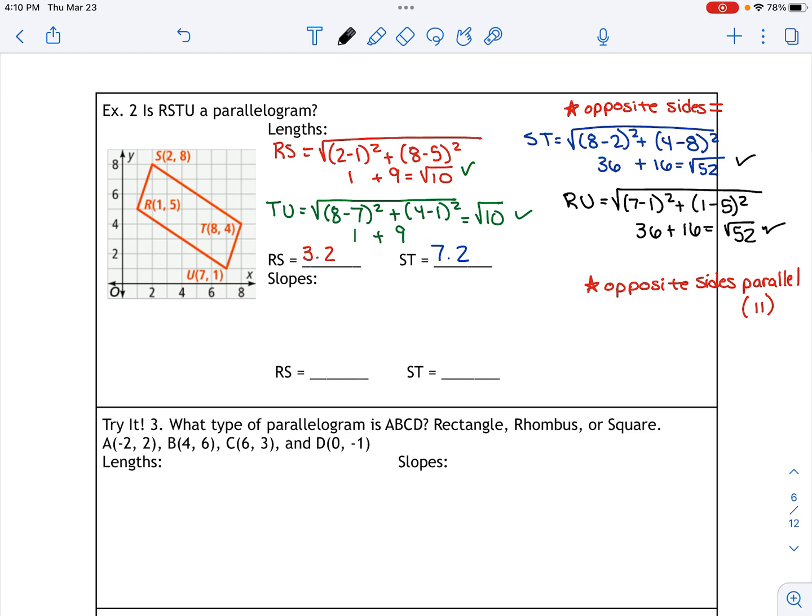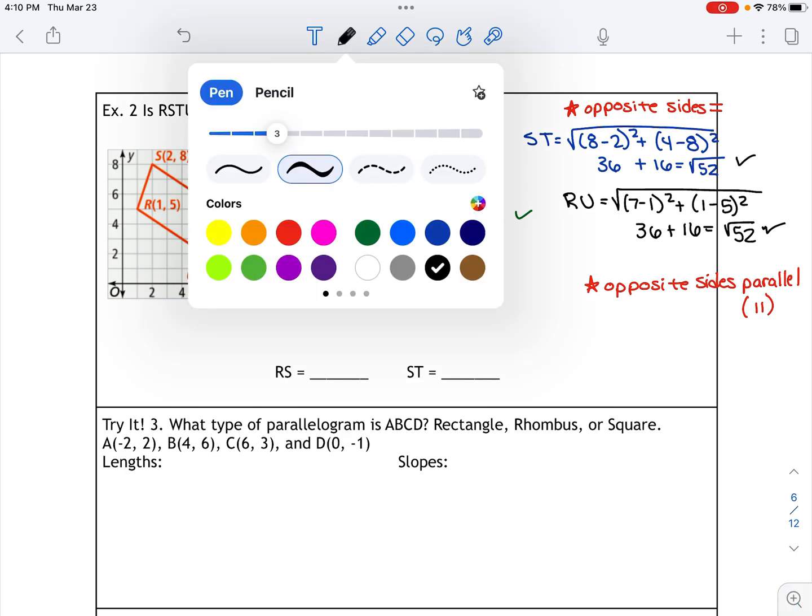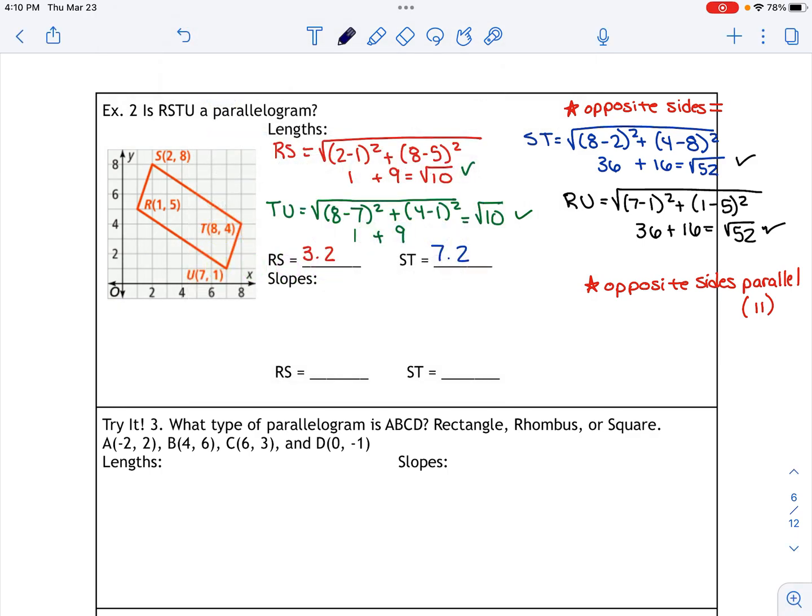Okay. Now we're going to prove that opposite sides are parallel. So we want them to have the same slope. Let's do the slope of RS. You can count on your picture. 1, 2, 3. It goes up 3 over 1. So rise over run. Or you can use the slope formula.